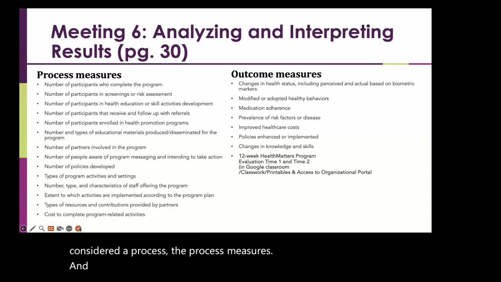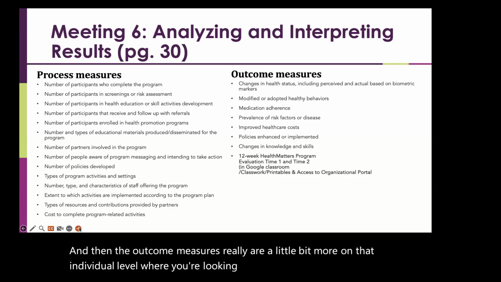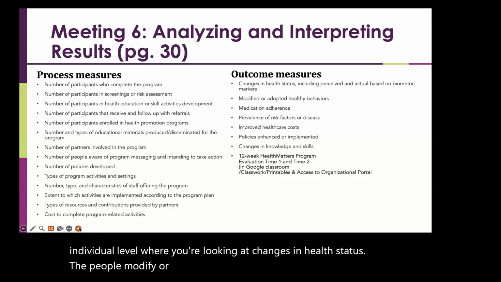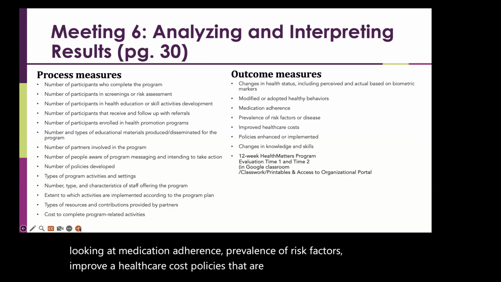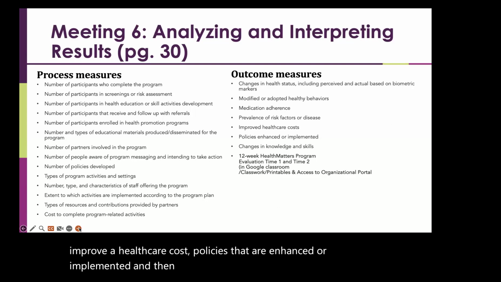And then the outcome measures are a little bit more on the individual level, where you're looking at changes in health status. Did people modify or adopt new healthy behaviors? You're looking at medication adherence, prevalence of risk factors, improved healthcare costs, policies that are enhanced or implemented, and changes in knowledge and skills.